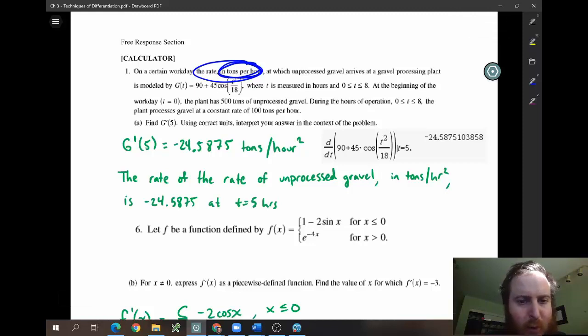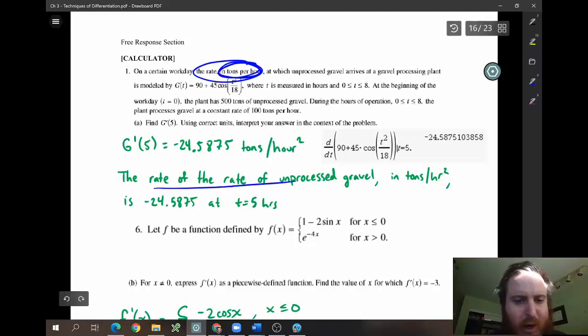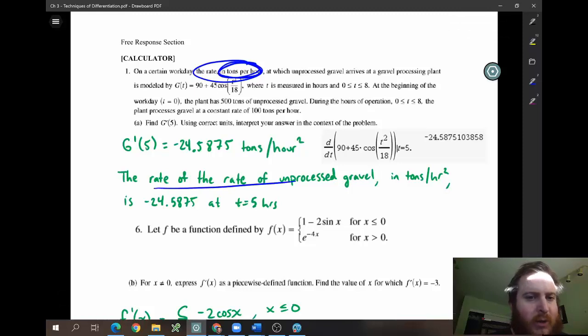If we take a derivative, we add on a per hour. So we put tons per hour squared. This is the rate of the rate, because we're taking the derivative of the rate. Everything else is from your sentence starters. So the rate of unprocessed gravel in tons per hour squared is negative 24.5875 at time 5 hours.